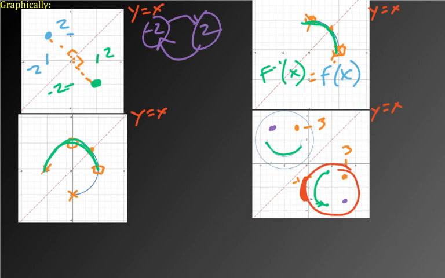Now, certainly, this original function failed the vertical line test and the horizontal line test, so its inverse is not a function. But we can still think of what the graph would look like. This one, too, fails the vertical line test, so the inverse would fail the horizontal line test.